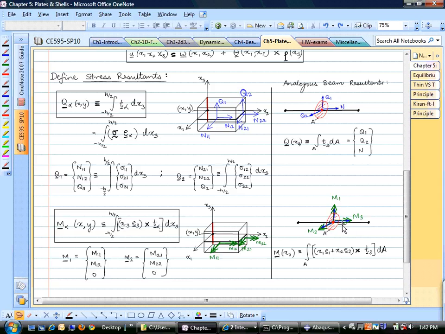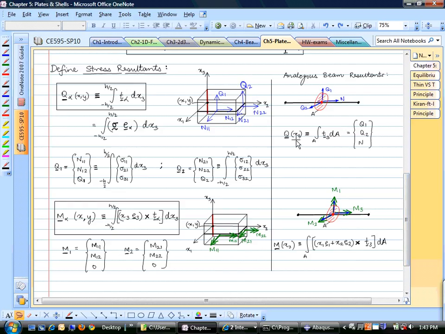Similarly, you have bending moment. If it is the x1, x3 plane, then the bending moment we are concerned about is M2. In both these cases, the shear force and the bending moment are a function of the coordinate along x. The similar idea holds for plates. What we have here is a small infinitesimal plate element, and what I'm denoting here are the stress resultants for the plate.